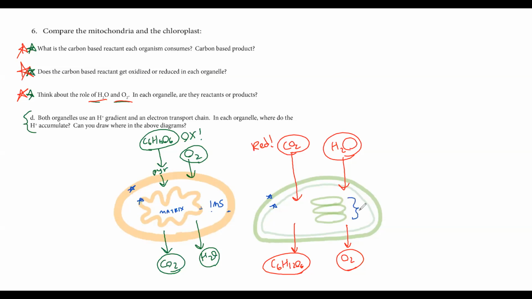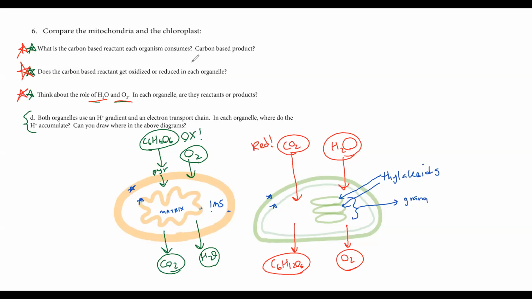You have these stacks of things. The stacks are called grana. In one granum, there are multiple thylakoids. So both of these organelles are similar and they have a little pocket. The pocket of the mitochondria is the matrix, and the pocket of the chloroplast is all of these thylakoids.